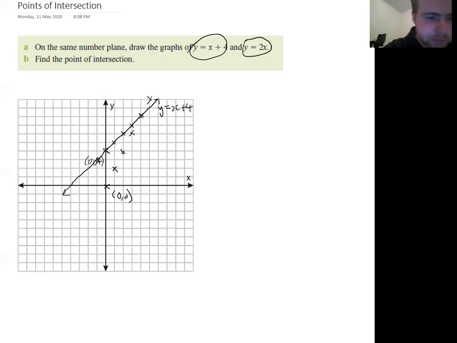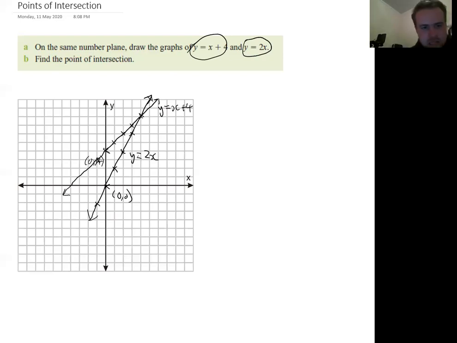So you see here, we've got a trend that is continuing. We can draw a trend line through this, every time we're going up 2 and across 1. Okay, and this graph here is y equals 2x.